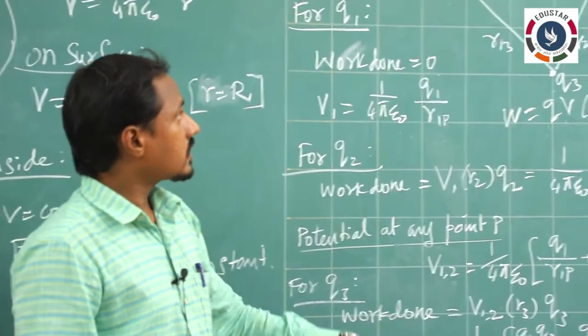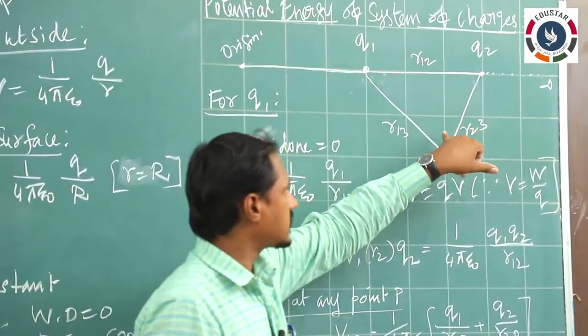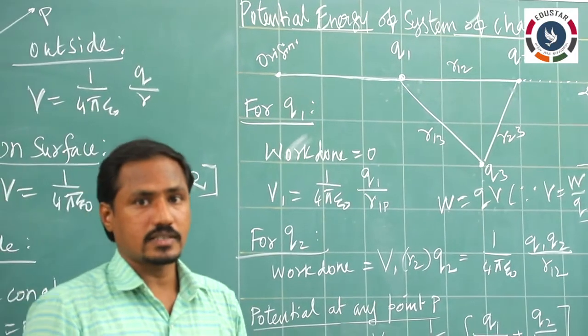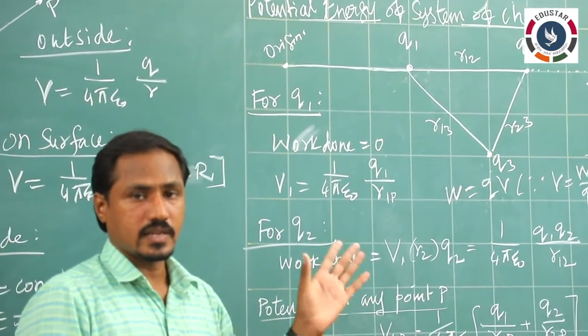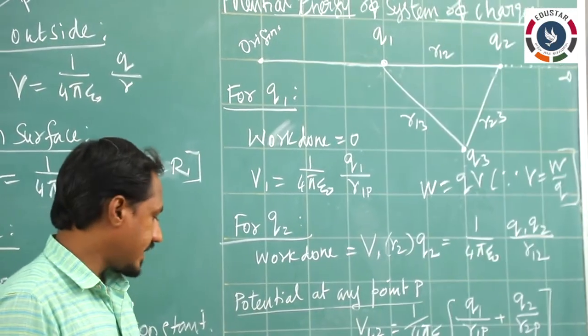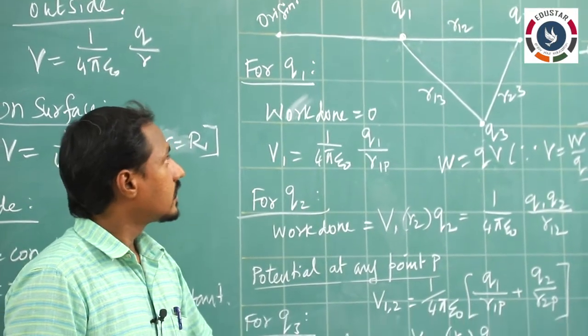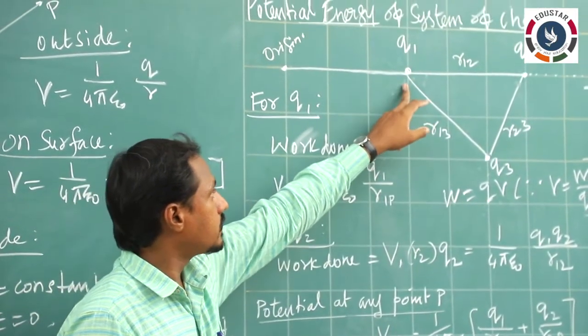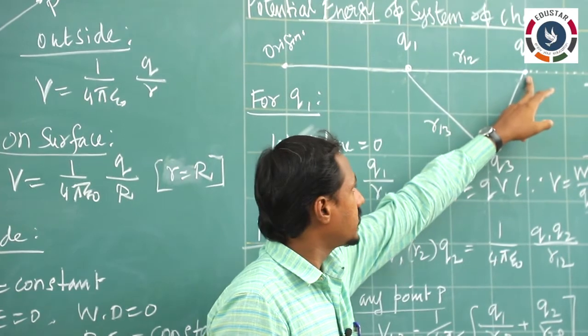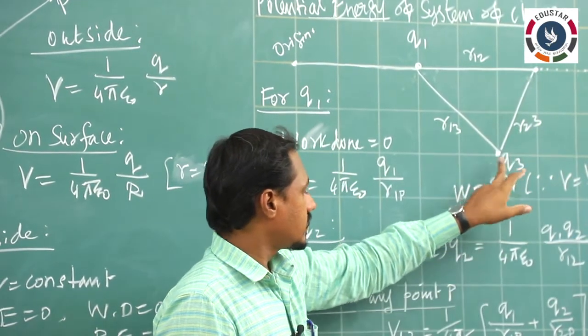The total work done for assembling the three charges is called the potential energy of the system of those three charges. So, we can write total work done equal to the work done for assembling Q1 plus the work done for assembling Q2 and the work done for assembling Q3. Initially we know W for Q1 equals 0. For the remaining, we have calculated the work done for Q2 and for Q3.